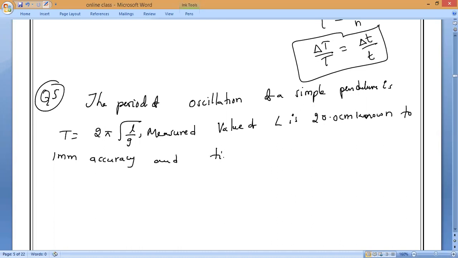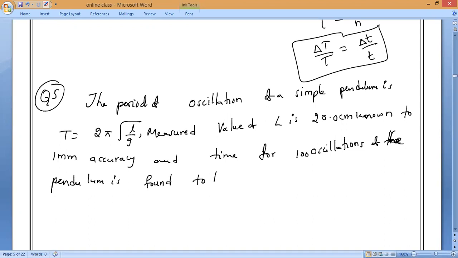and the time for 100 oscillations of the pendulum is found to be 90 seconds. So 90 seconds means what? Given capital T, small t.